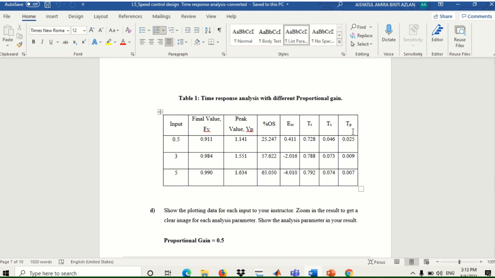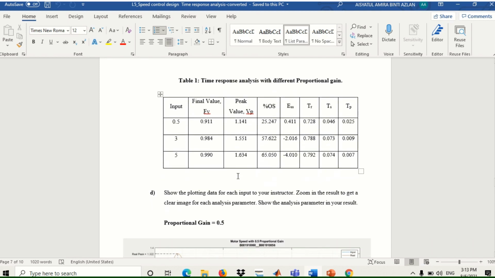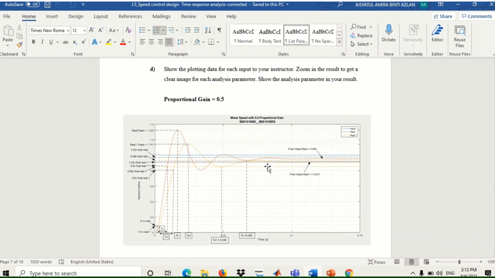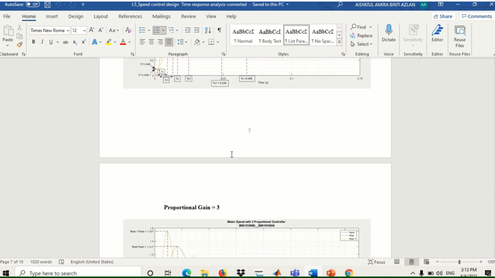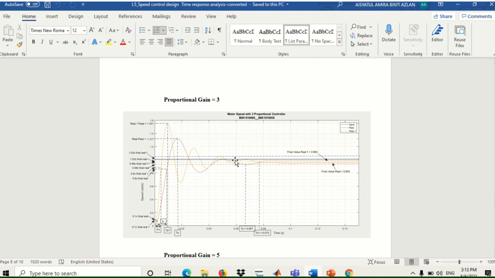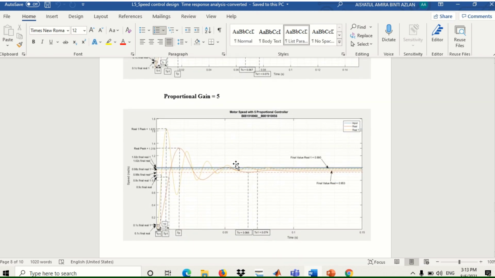TR, TS, TP, percent of OS, ESS. This is all the values that I have got. So this is the graph that I have labeled for 0.5, graph for 3, motor speed, and 5.